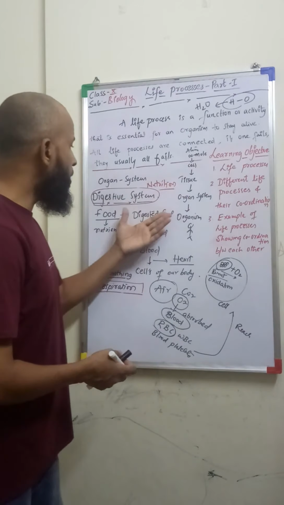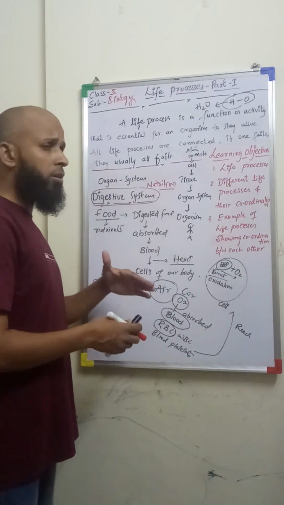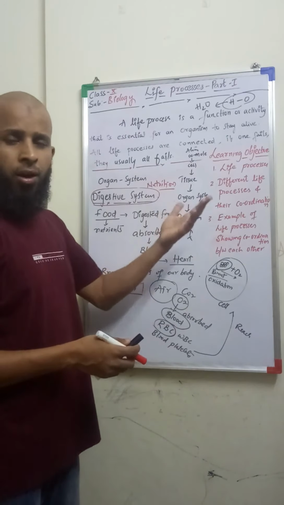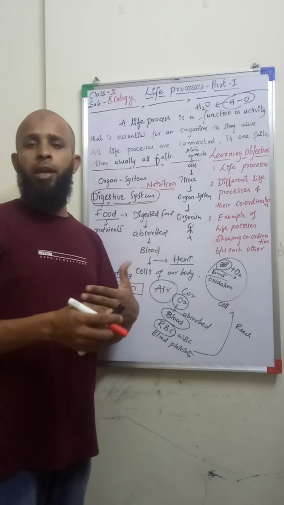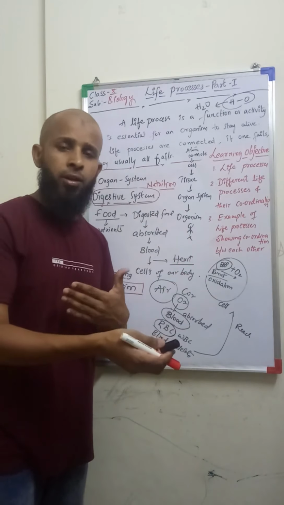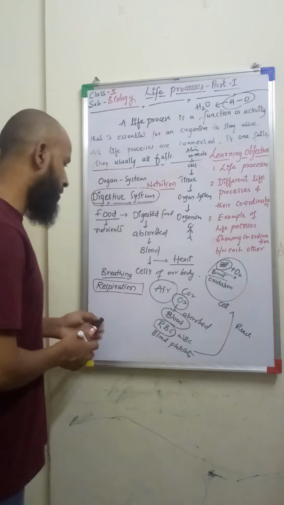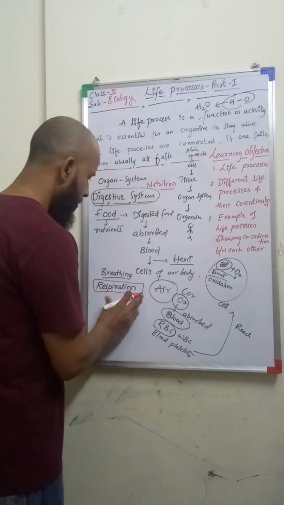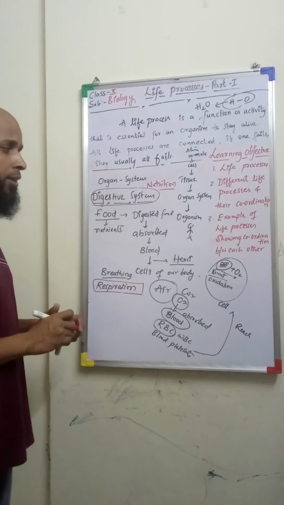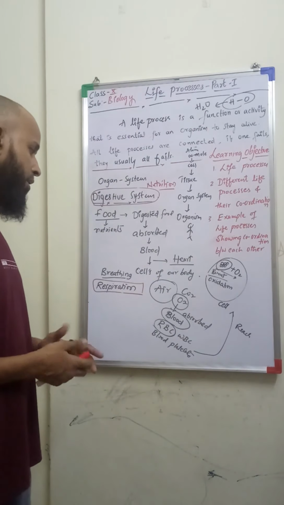One organ system or one life process or another life process contribute in the way of giving out the energy, right? So this is how they get coordinated with each other.